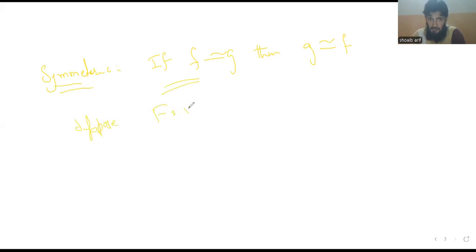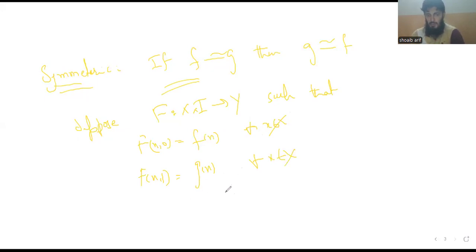Suppose F is a continuous map from X cross I to Y, which is given, such that F of x comma 0 is f of x for all x belonging to X, and F of x comma 1 is equal to g of x for all x belonging to X. This is the given condition that f is homotopic to g.